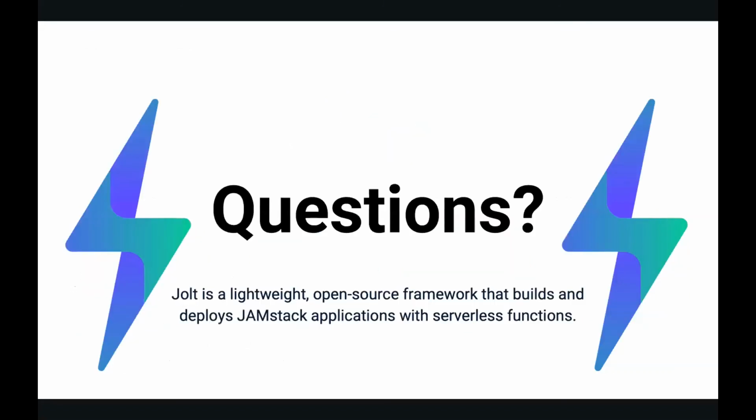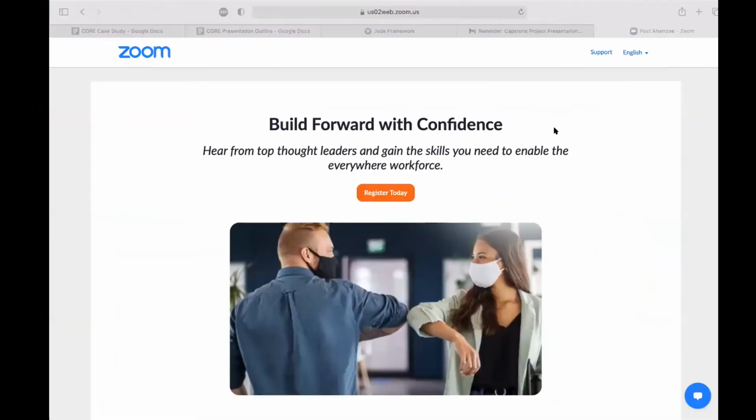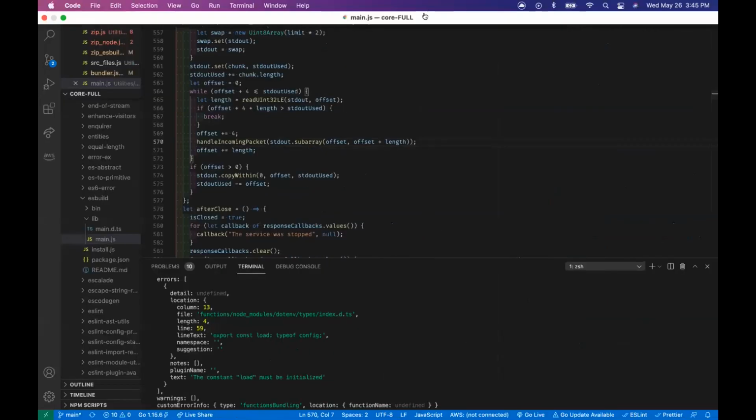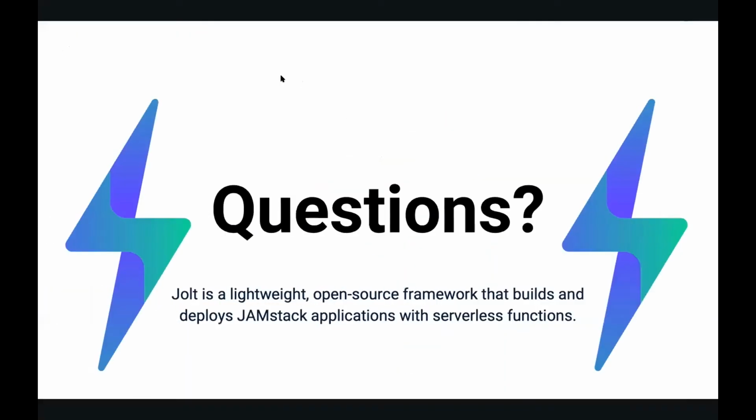Okay, awesome. We already have a question, and that is, what was the part of building Jolt that you enjoyed the most? I guess I can go first on that one. I think personally, my favorite part was probably just the ability to implement rollbacks.